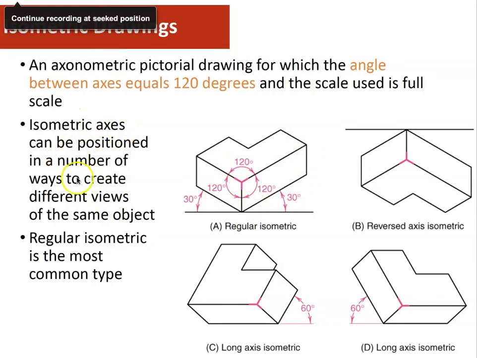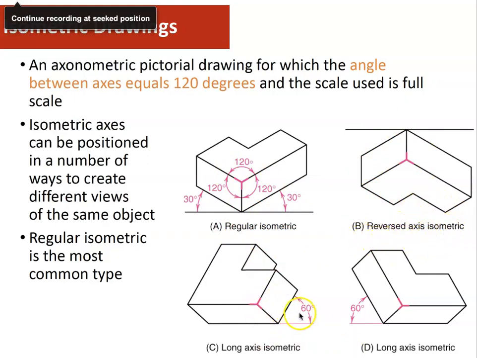Okay, so use the full scale. Isometric axes can be positioned in a number of ways to create different views of the same object. So this is our axis, a 3-axis like this. We can also use the axis down here and tilt our object like so. This is called the regular isometric, and this is called the reverse axis isometric.